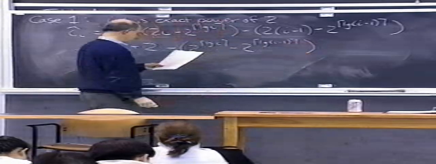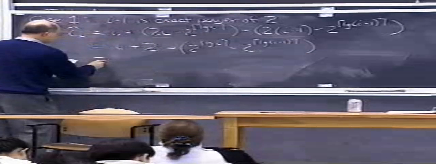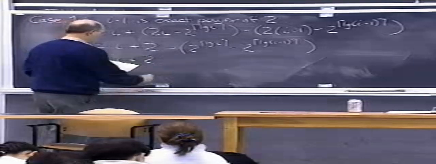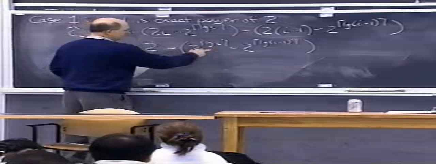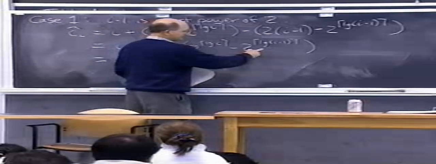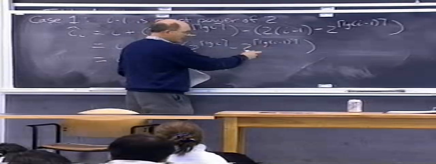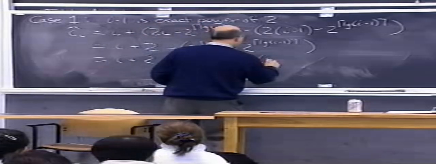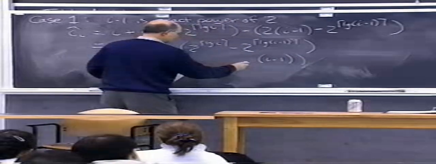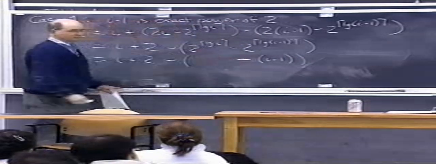Okay? So that's equal to, I claim, I plus 2 minus, well, what's this value equal to? Actually, this one's easier to go for first, right? This is just I minus 1. And what is this term equal to then?